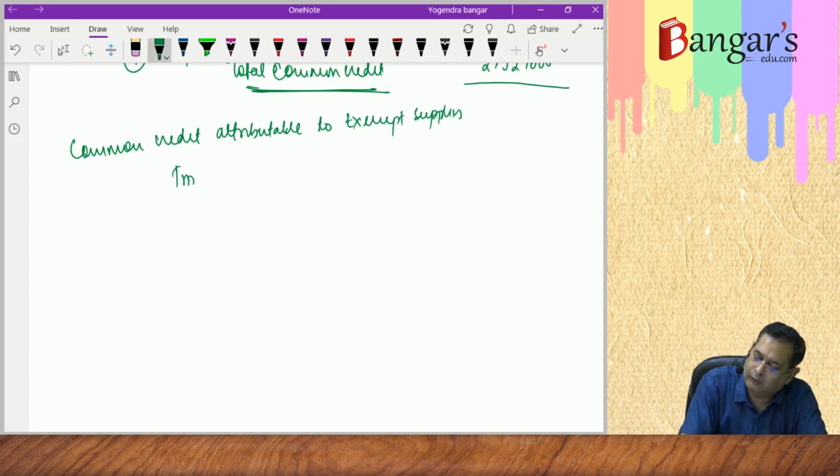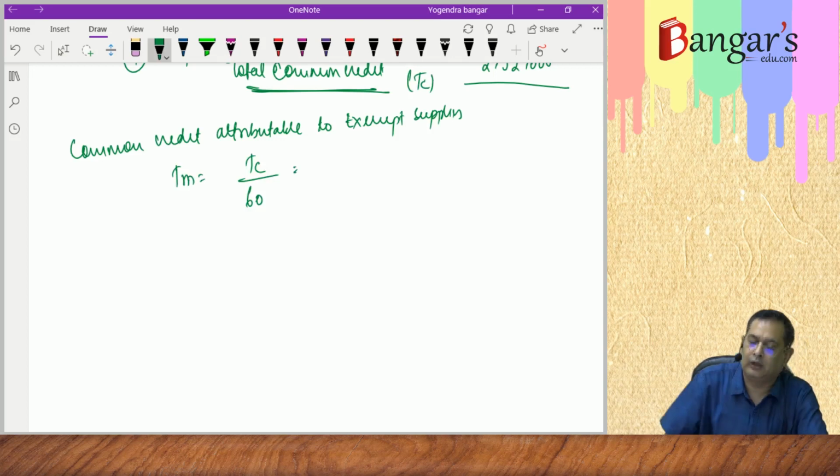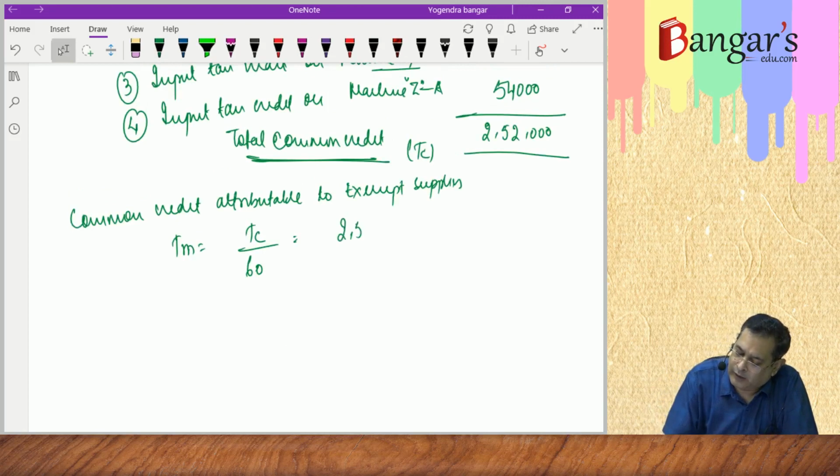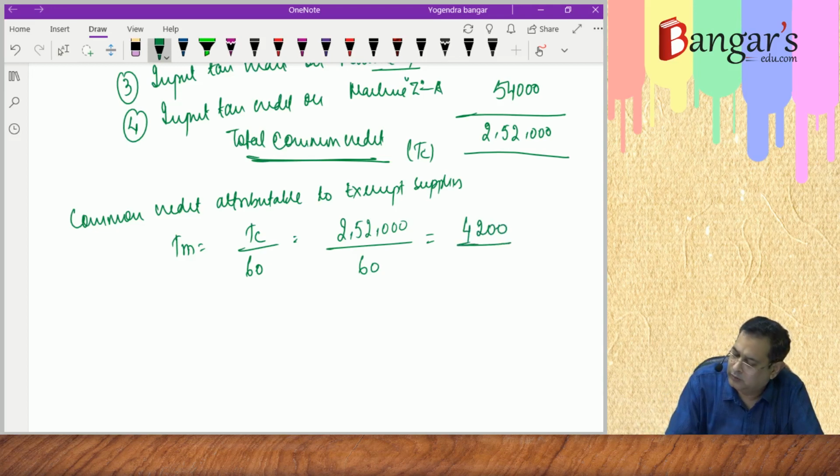TM will be equal to TC divided by 60, taking useful life of capital goods as 5 years. So 2,52,000 divided by 60. It works out to be 4,200 rupees.